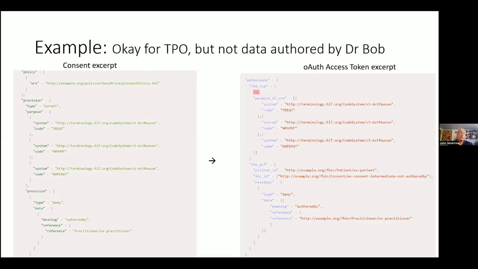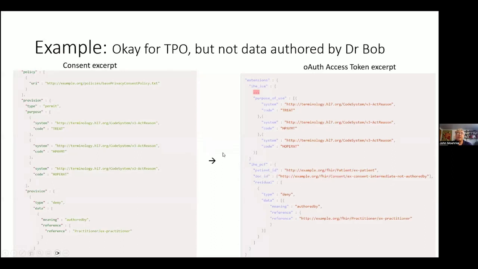And then when a data request happens, you can see that the deny authored by Dr. Bob is not something that you can put into a classic OAuth scope. So what we do is we have an extension, and IUA has its extensions. That's where we stuff the purpose of use stuff, because it's part of IUA. We didn't have to invent that. But here we have this additional extension, IG PCF, and it is indicating that the patient ID is this patient. Where did this policy come from?